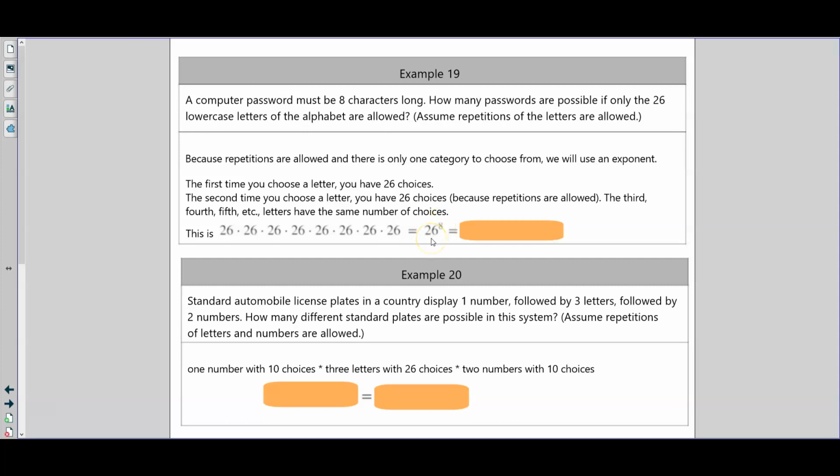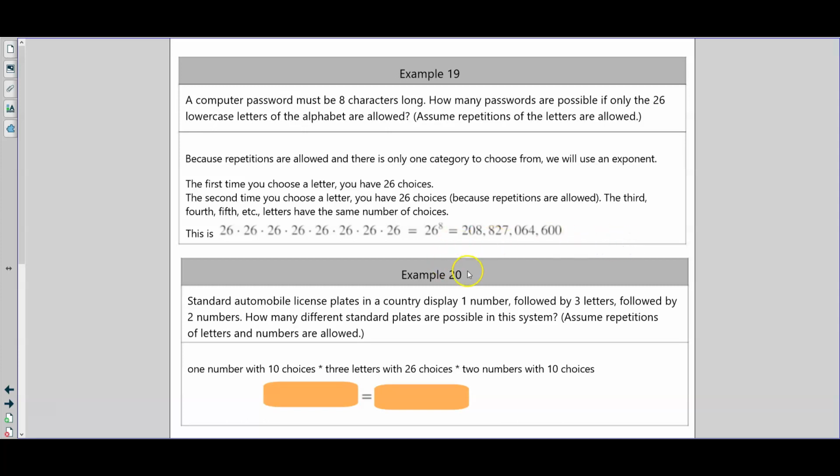And if you put this in your calculator, or if you actually multiply 26 8 times, you still get the correct outcomes. So there would be 208,827,064,600 possible ways that you could have a password, 8 characters long, and that's, again, with repetition allowed.